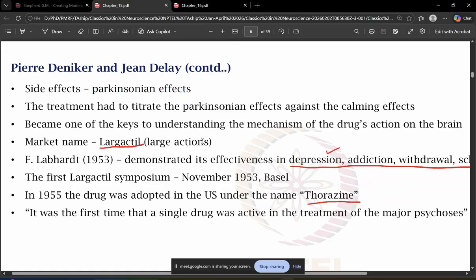That meant there were some hand tremors, some motor rigidity, and so on, basically similar to Parkinson's disease. Therefore, for treatment, the drug had to be used such that it balanced the calming effects and the Parkinsonian effects. It could not be used at high doses because it had the Parkinsonian side effects.